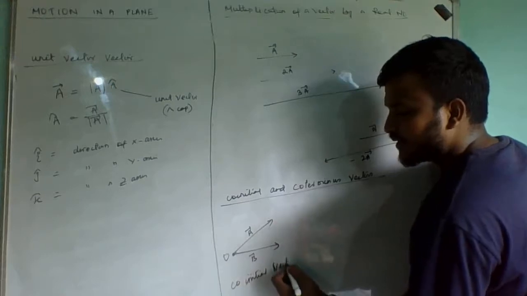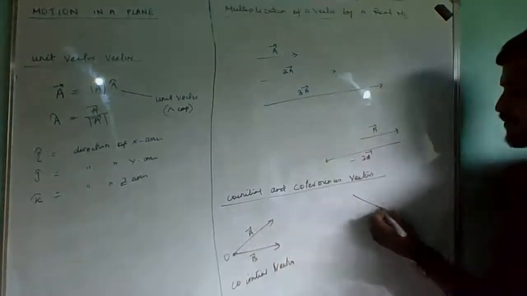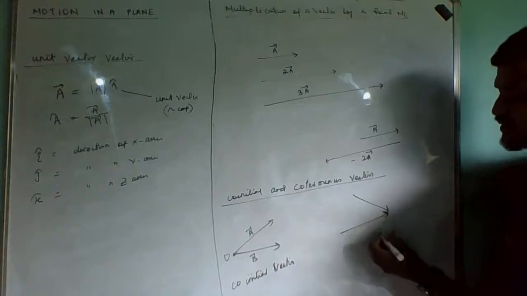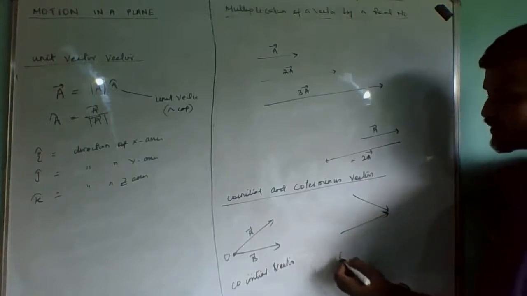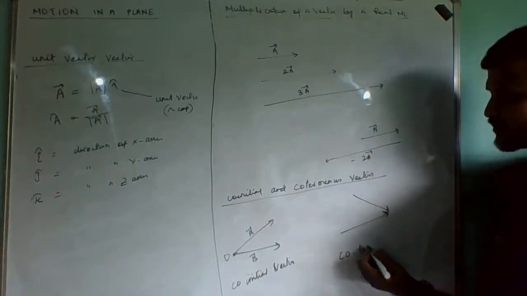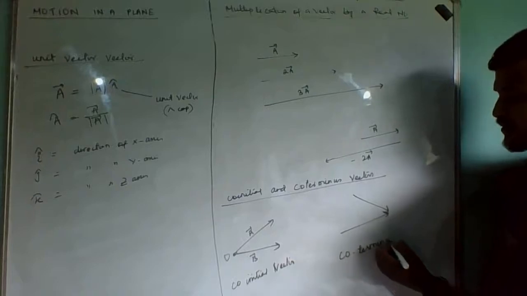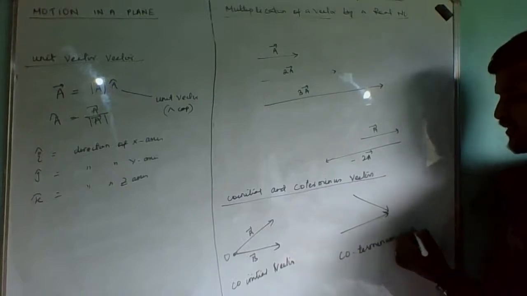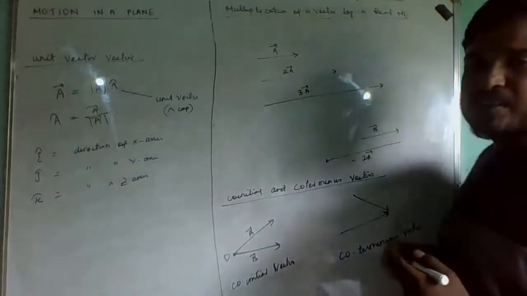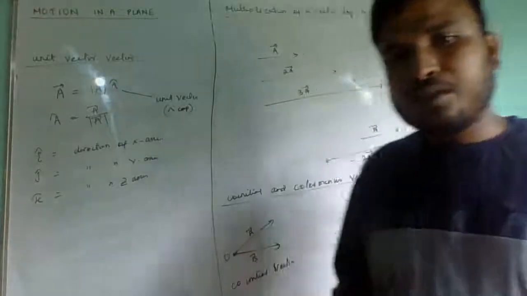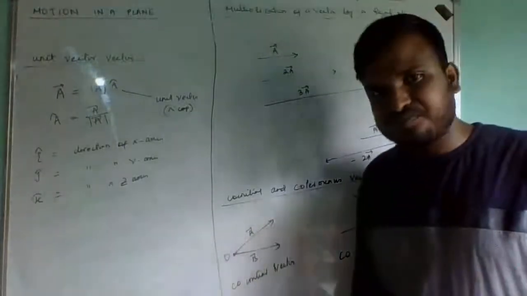Another case: if you take this vector and another vector, and they end at the same point, that is why they are called coterminous vectors, ended at the same point.